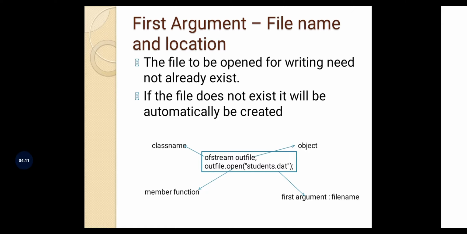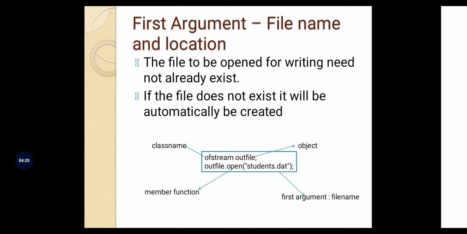The mode could be the read mode or the write mode or the append mode. But since we are using an ofstream class here, and we are creating an object of the ofstream, that means the default mode for an ofstream object would be the write mode. So the second argument is not required here, because by default it is the write mode, right?